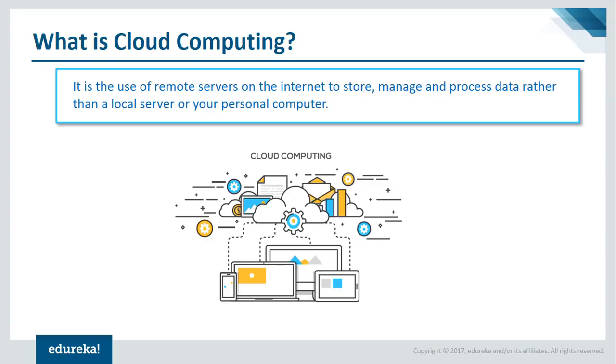So you can get your work done faster rather than having to do it on a local computer, which would have been slow. On the other hand, if you wanted to do a large batch processing work, you could have bought a server which had a lot of processing power, but that wouldn't have made sense, because after your work is done, you don't need that computer anymore, right? So all of those problems could be solved with cloud computing.